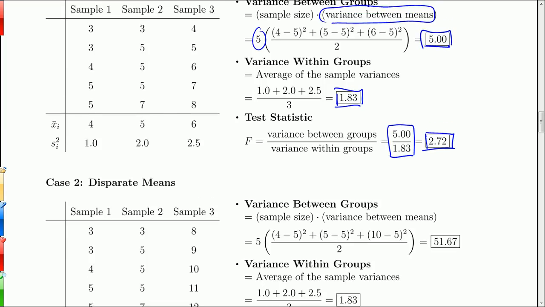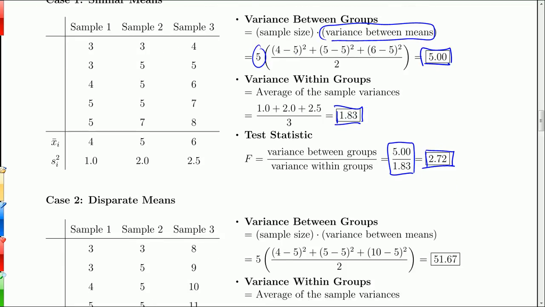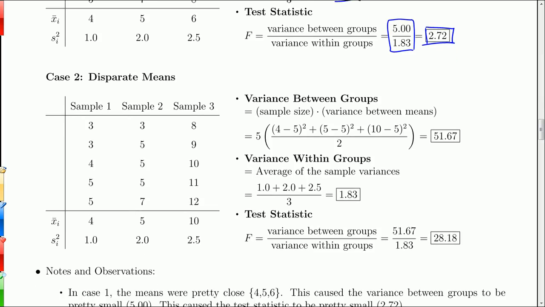In case 2, we're going to have disparate means. In case 1, these means were similar, 4, 5, and 6. They were pretty close to each other. In case 2, the sample mean for sample 1 is 4, for sample 2 it's 5, but for sample 3 the mean is 10. That's much different than the other two.